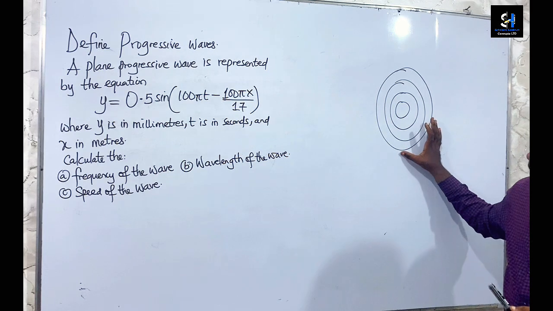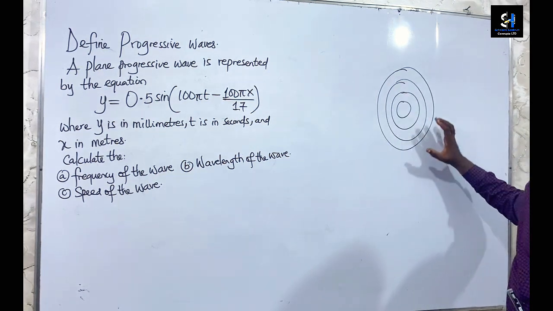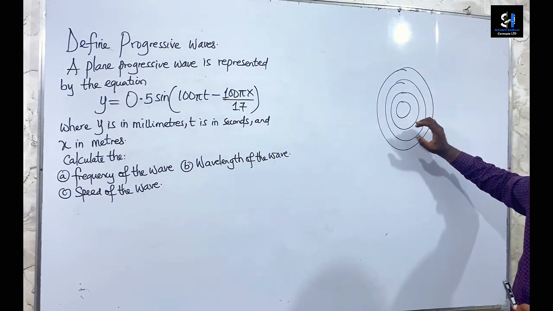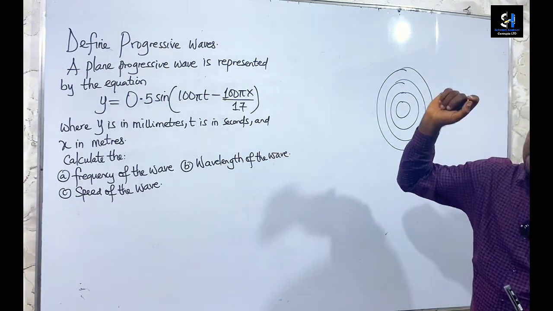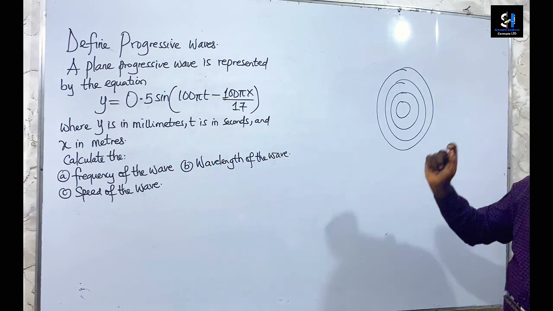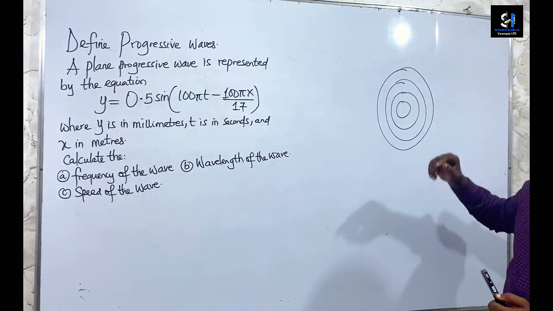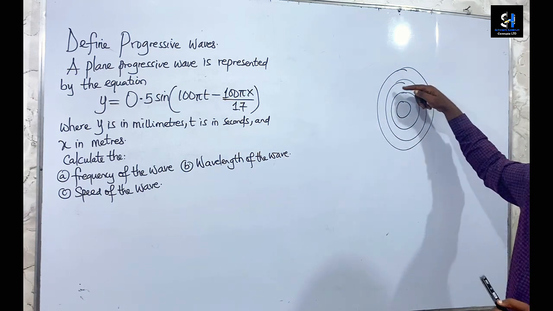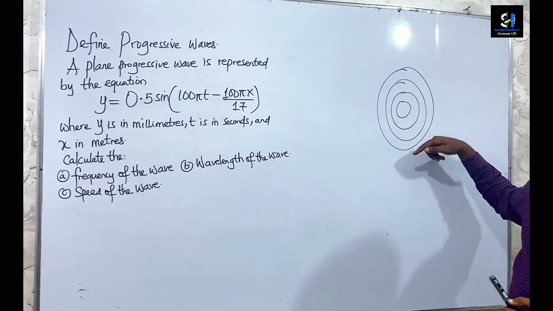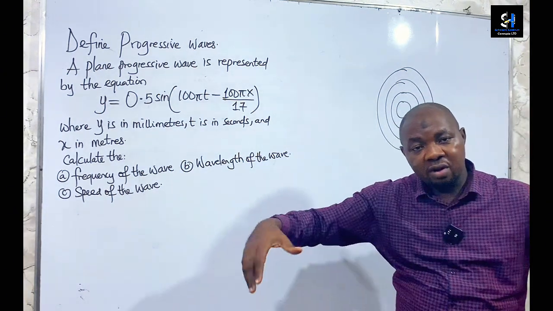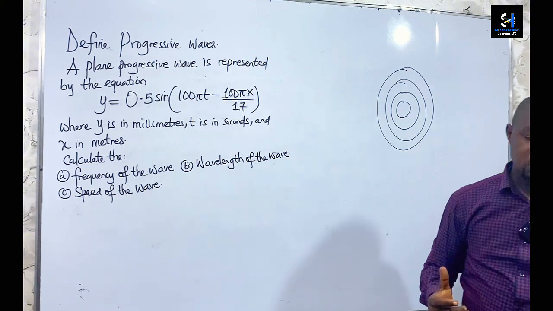Just like when a series of crests are formed as an object passes through a point in a water medium, a series of crests or concentric circles will be formed. They will move outward in the form of ever widening concentric circles.